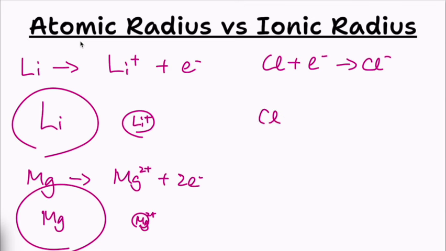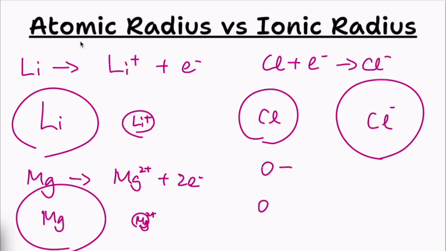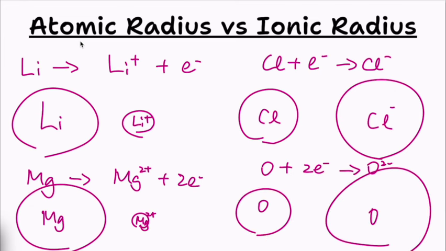Compared to its size, because of the extra electron, its size will actually get bigger. It's the same for oxygen. Oxygen gains 2 electrons to form O2 minus, so its size gets much bigger. So you need to pay attention to whether it's a cation or an anion, whether it's losing or gaining an electron.